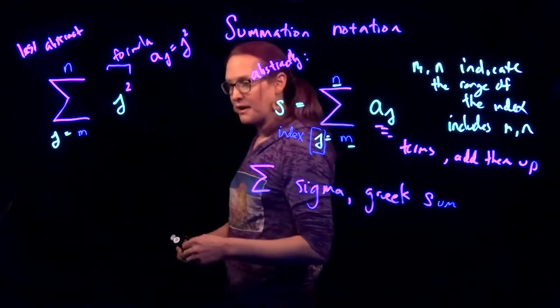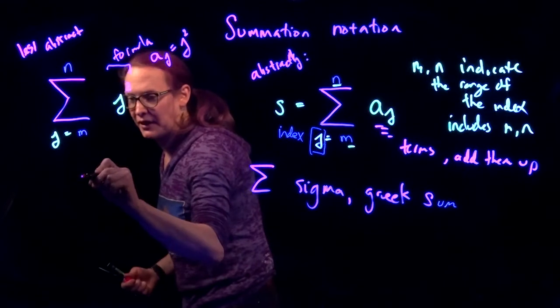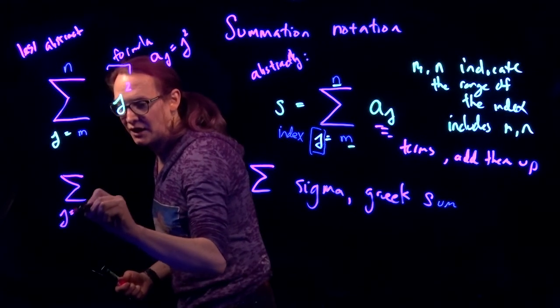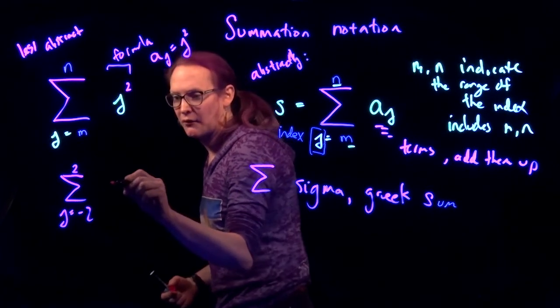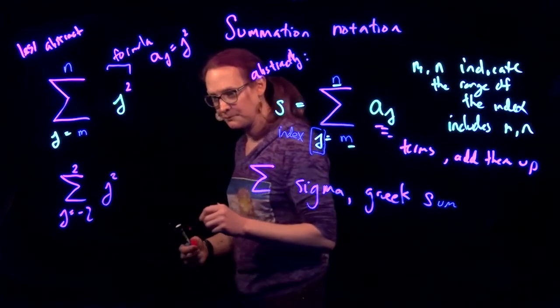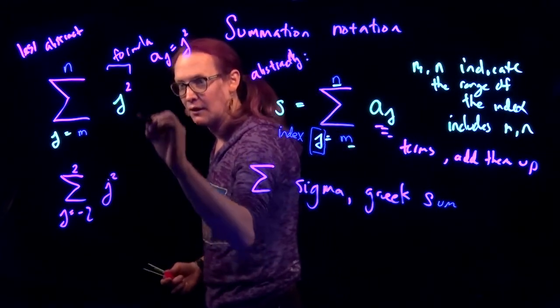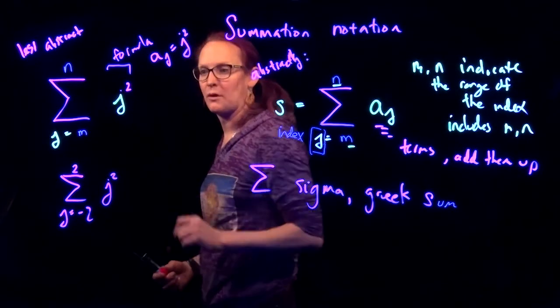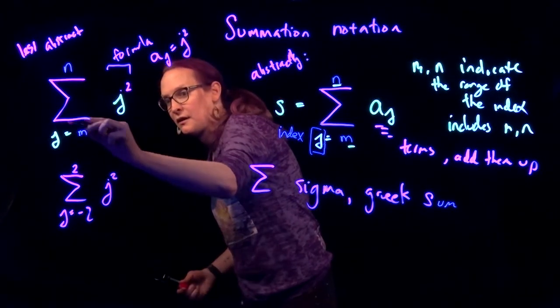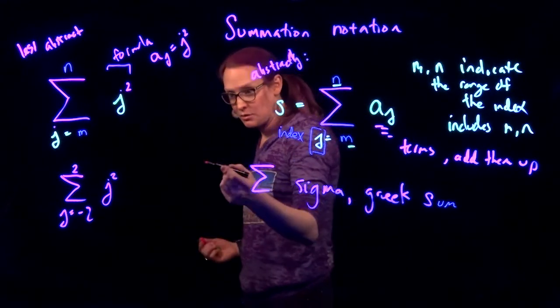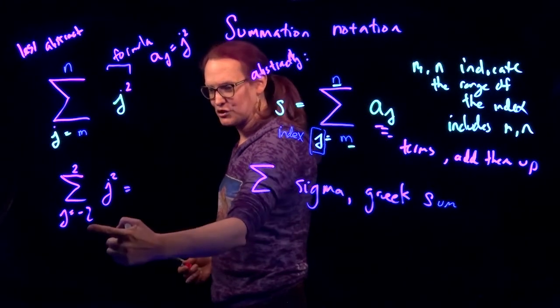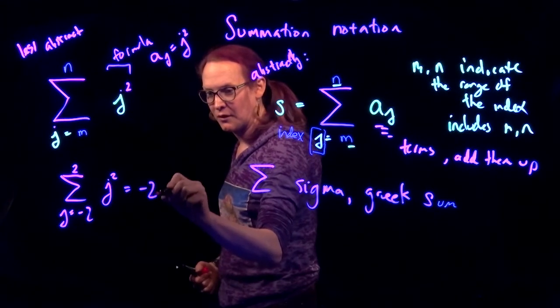So for example, if I were to take the sum from j equals minus 2 to 2 of j squared. Maybe you want my dots, fine. Then what do? Well, first j is minus 2.